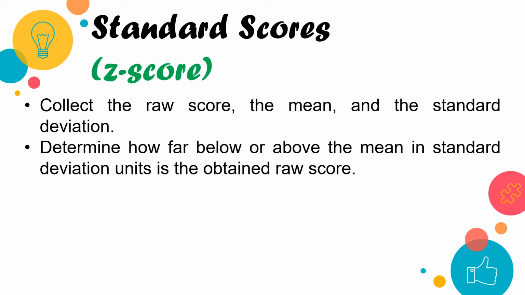So I gave an example earlier. The raw score for business statistics, for example, for John Michael is 82, and as our assumption, we took the other scores of his classmates and computed the mean score, and we got 85. Right after getting the mean score of the whole class, we computed the standard deviation, and the value of the standard deviation is 3.